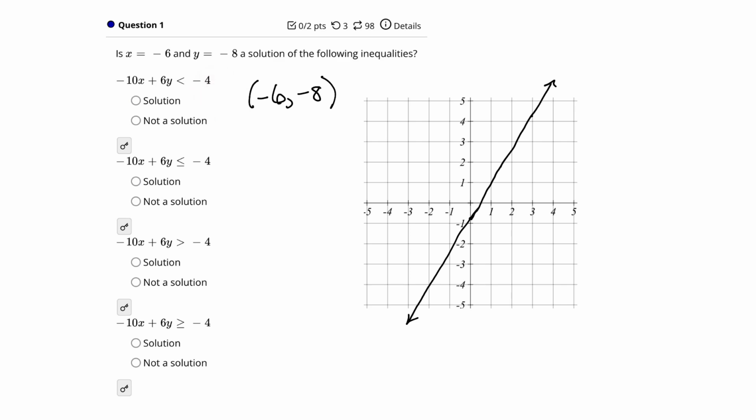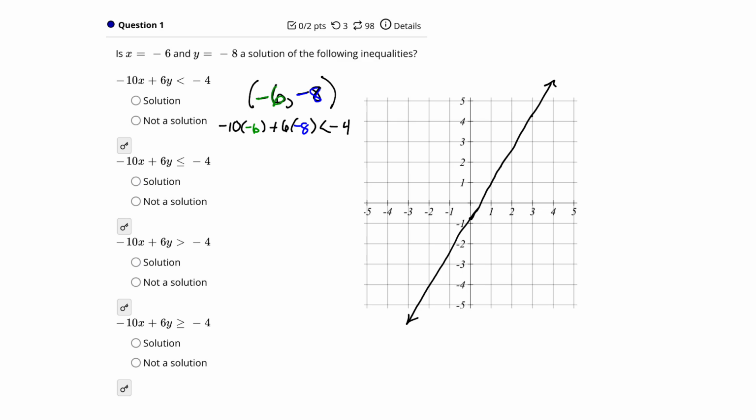So what we're going to do is start with the inequality, but we're going to leave the x and the y blank. And then we're going to plug in the x value and the y value in their appropriate places and see if it works.